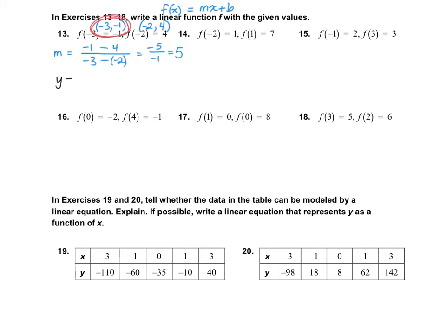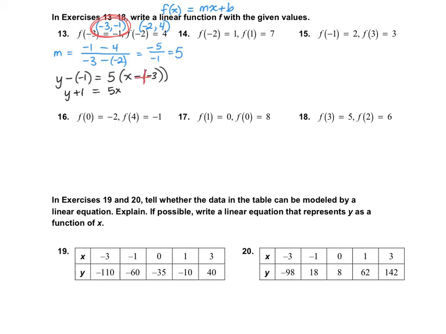So we have y minus my y1, which is negative 1, equals my m that I found, which is 5, and then x minus my x1. I'm using the negative 3, negative 1, so my x1 is negative 3. All right, so now remember we need to solve for y because we want to get it as a linear function. So this is going to be y plus 1, and then I can distribute my 5, so 5x, and then when I distribute over here, this turns into a plus.